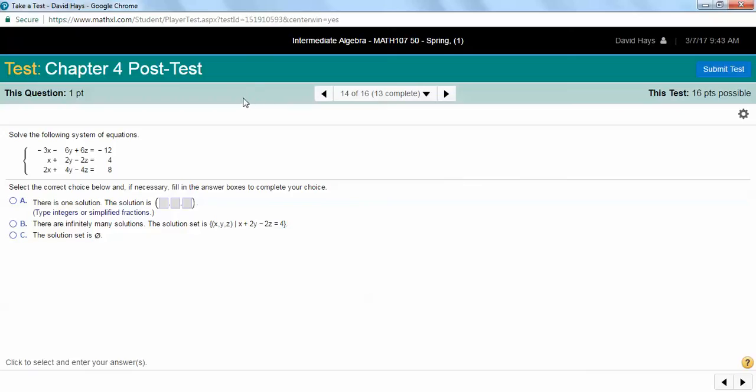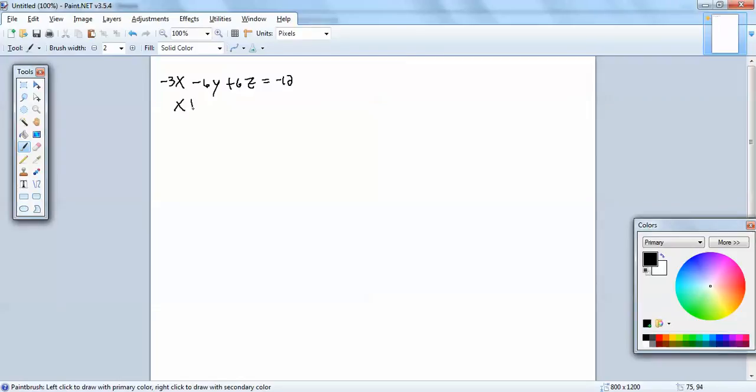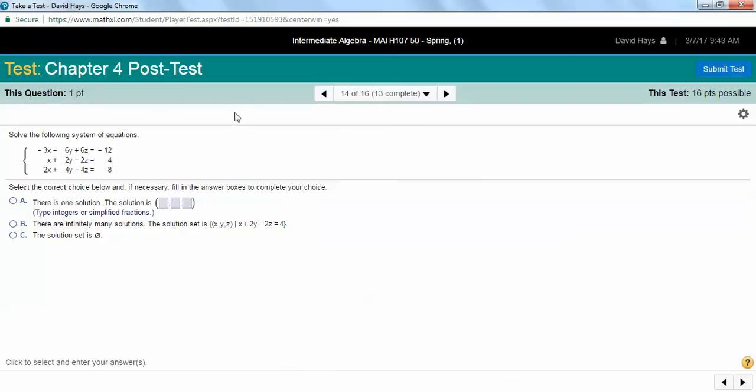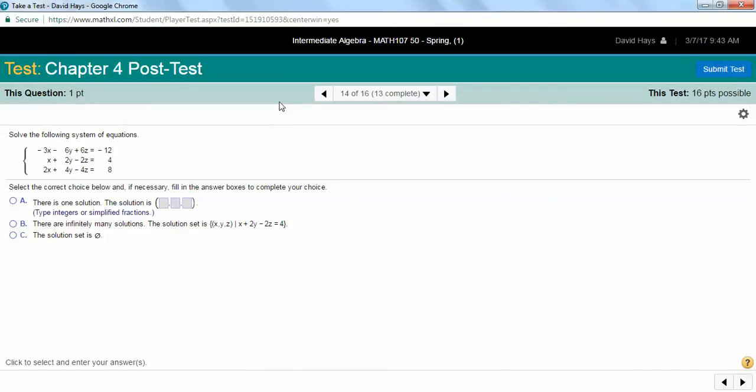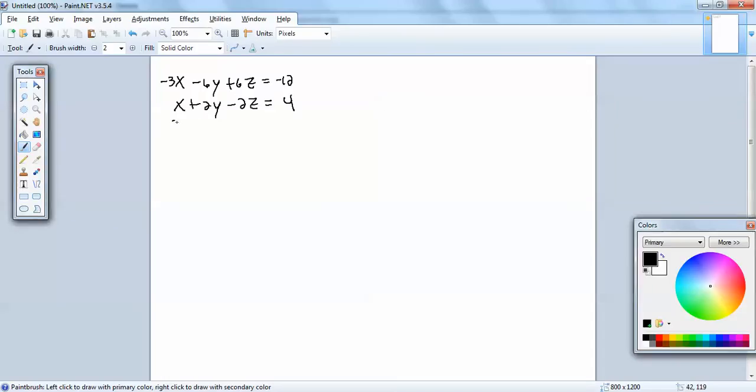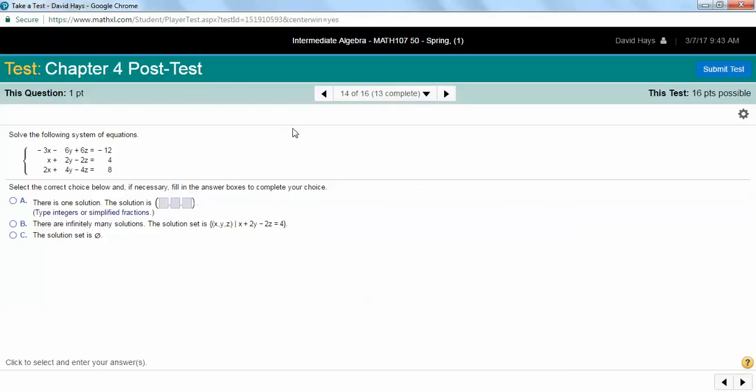Notice how those are all divisible by 3 or negative 3. That's why I say it may be a bizarre one. 2x plus 4y minus 4z is equal to 8.